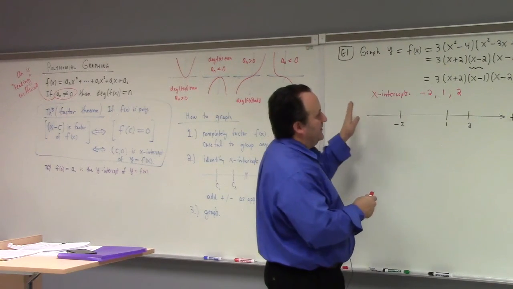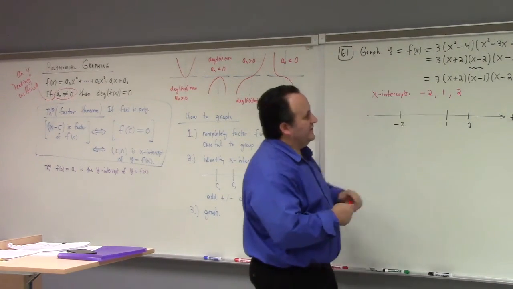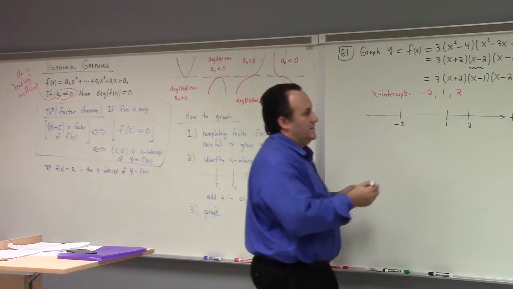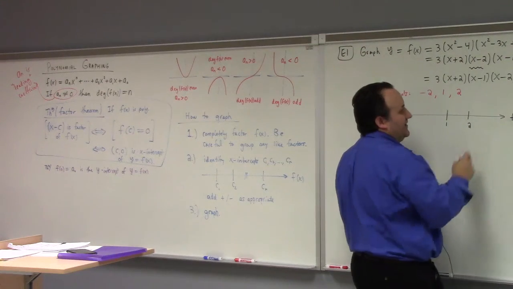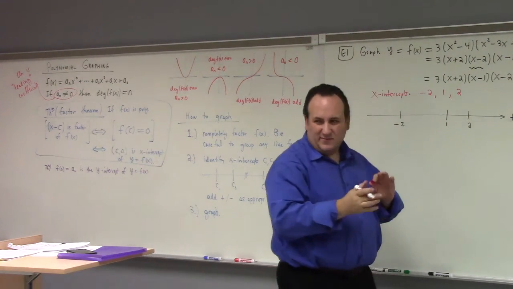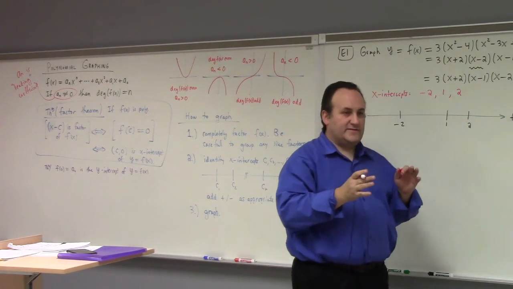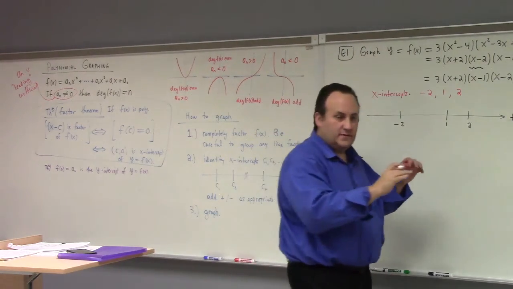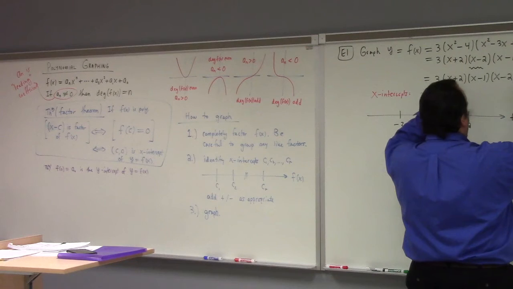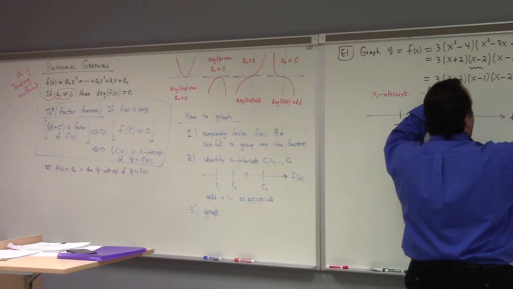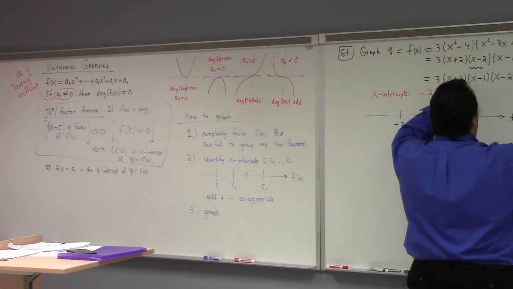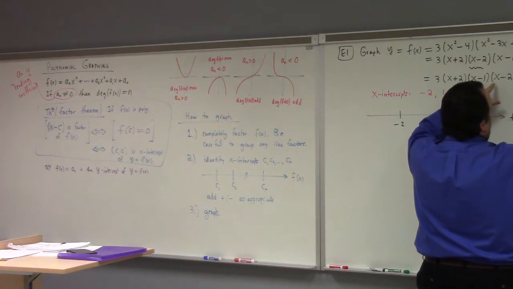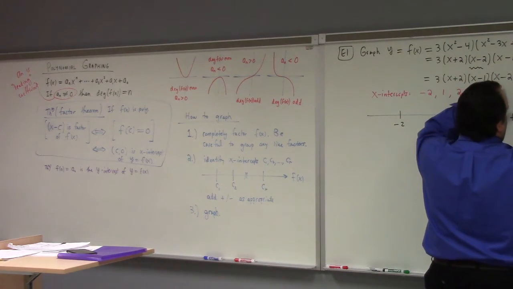By the way, what's the leading coefficient in all this mess? How do you figure it out? You're like, you have to multiply all that out, right? Well, you don't really need to do that. To get the highest term, you just take the highest power from each factor and multiply them. So this, if you multiply it out, is going to be 3 times x times x, which gives me an x squared. So the leading term here is actually 3x to the 4th.